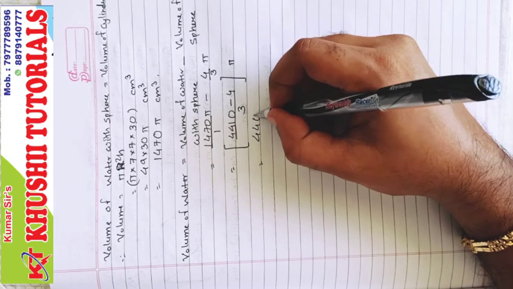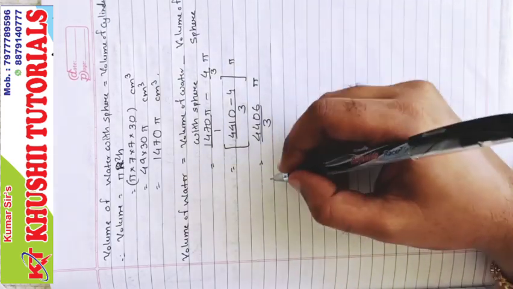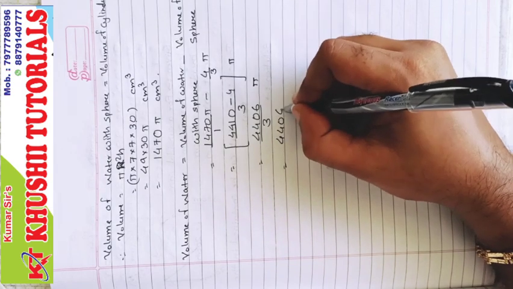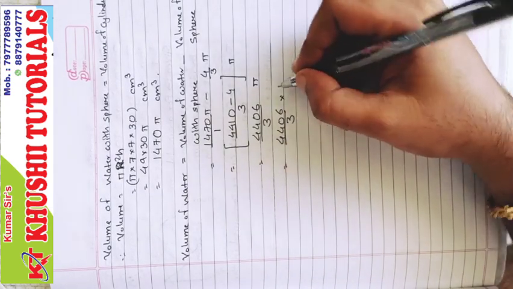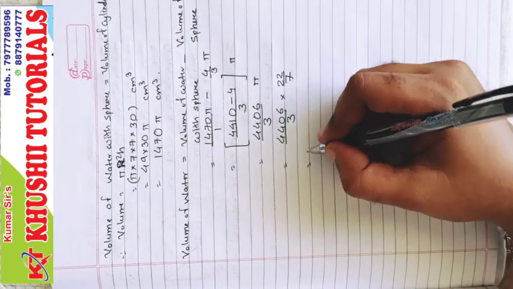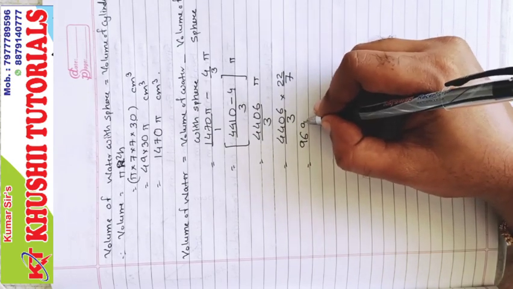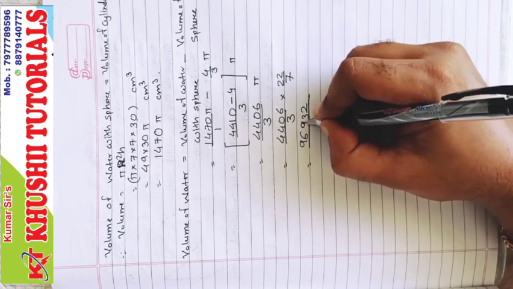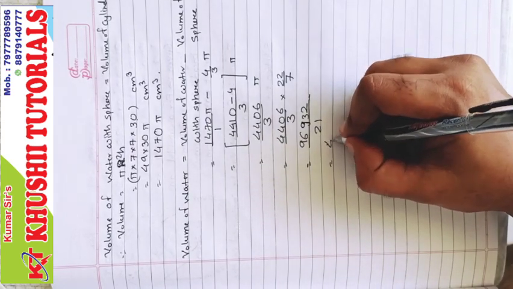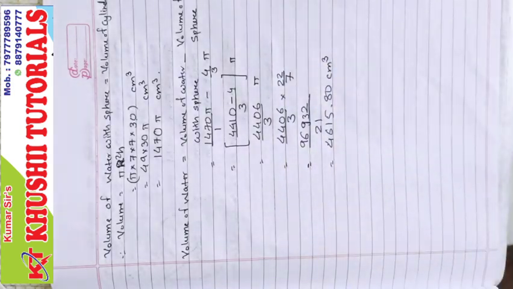Now 4406 upon 3 pi. The value of pi is not given, so we will take it as 22 by 7. After multiplication, 96932 by 21, and after dividing it we will get 4615.80 centimeter cube.